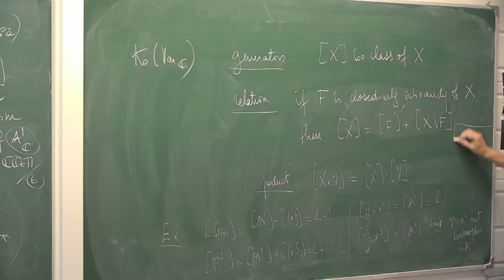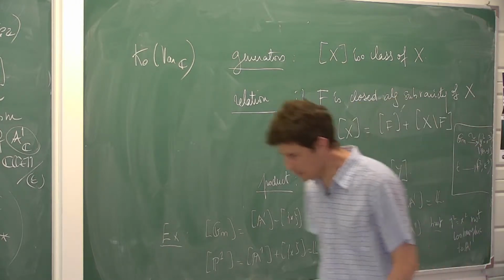But you know that you have a parameterization of the cusp minus the origin. Just doing that, t goes to (t^2, t^3), and this gives you an isomorphism from Gm to the cusp minus the origin. And using the additivity, you can add the point, and this gives you the equality to the line. Okay.